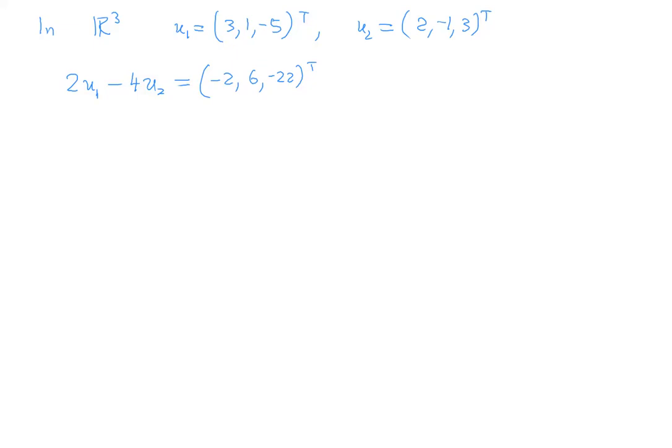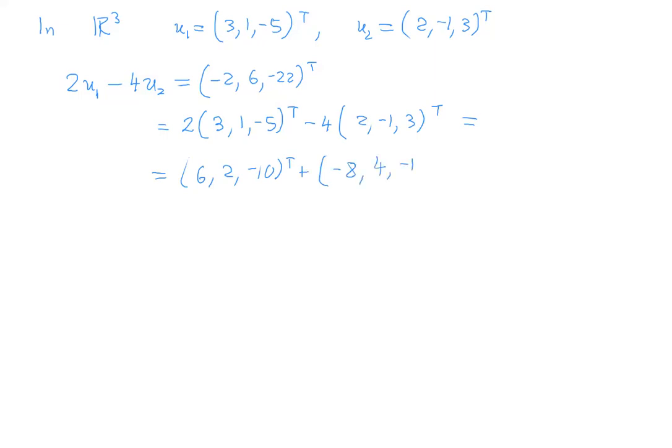Sure. So it's 2 times (3, 1, -5) minus 4 times (2, -1, 3). If you want, you can do the multiplications first. So you can do (6, 2, -10) plus (-8, 4, -12).